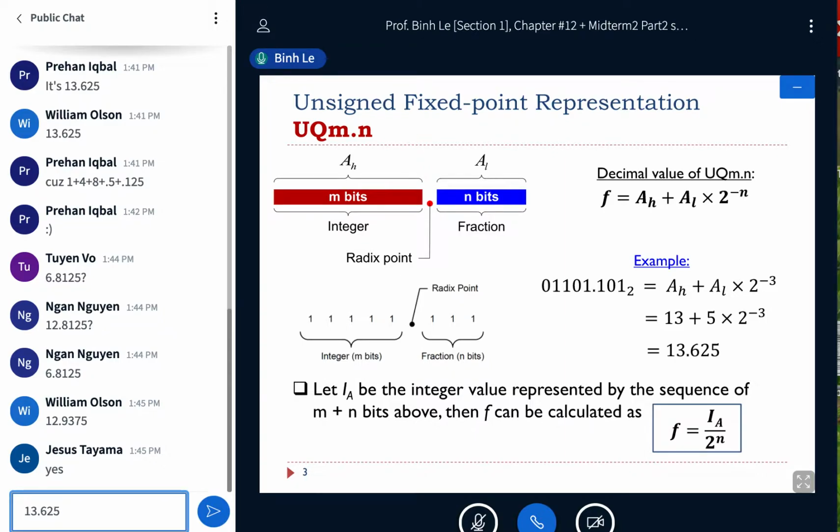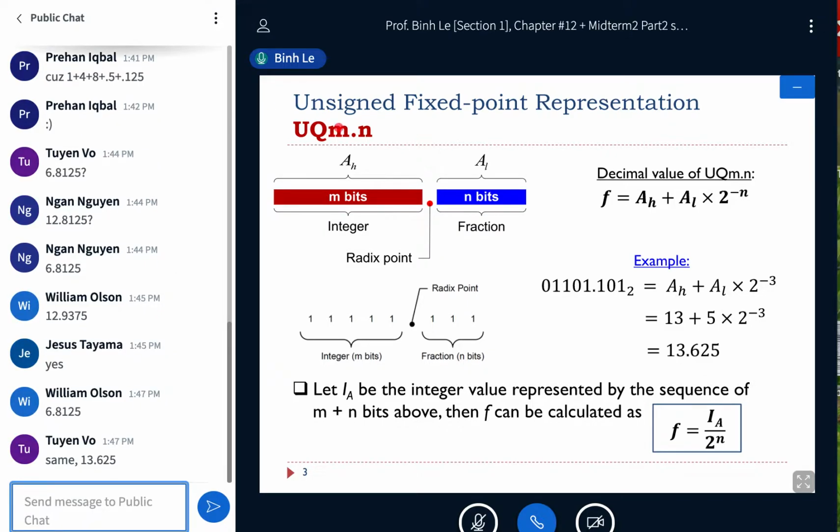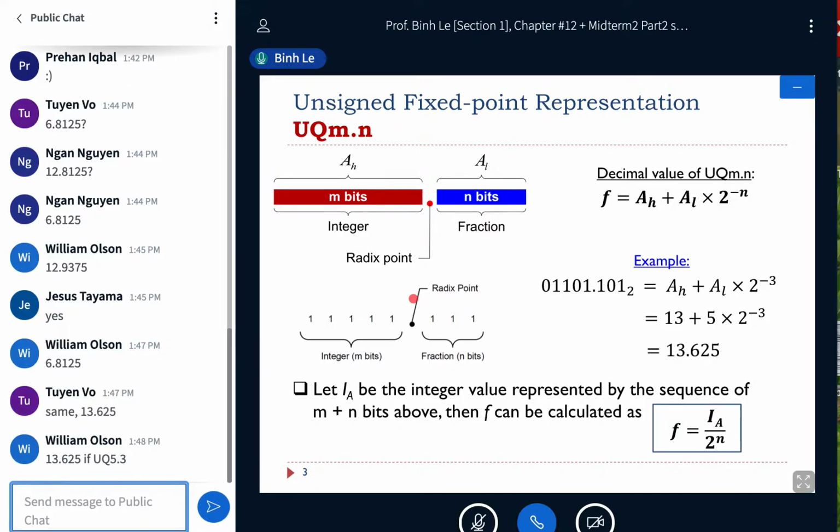So from now on, if I present you a binary number of 8 bits, and I tell you implicitly that I'm using UQ5.3, and then I ask you, do you know what floating point, what real number I want to represent, you will tell me right away: the integer value for that binary number is 109, and because you use 3 bits for the fraction, I should divide that by 2 to the 3, meaning divided by 8, and the value is 13.625.